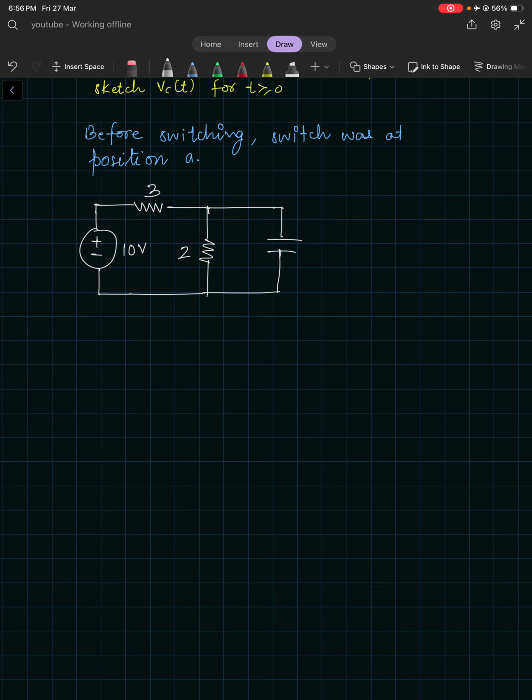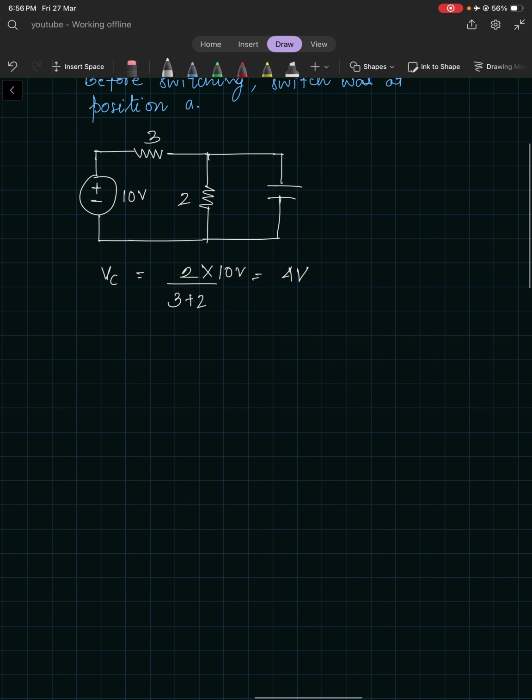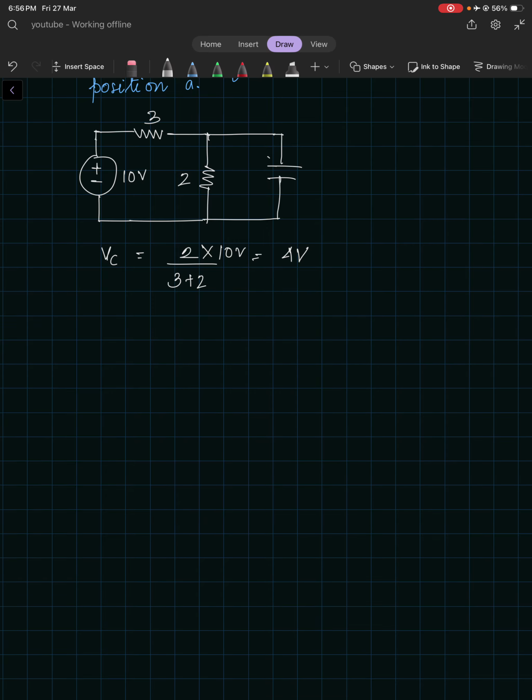So VC will be 2 by (3 plus 2) into 10 volts. That is 2 by 5 into 10, which is 4 volts, right?